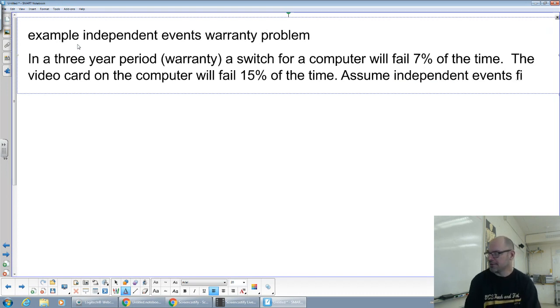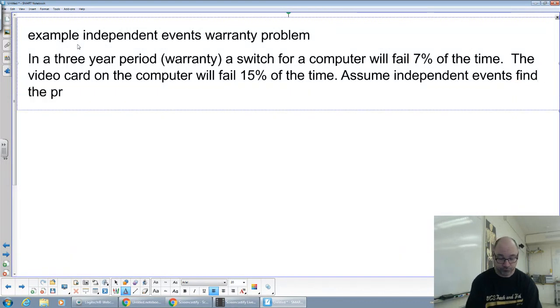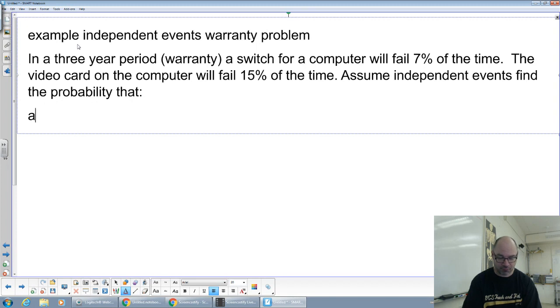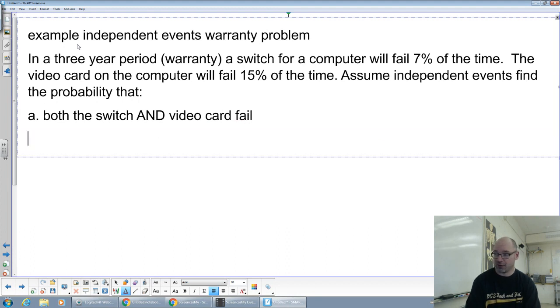Find the probability that, and we'll do 3 of them, both the switch and video card fail. And I'll highlight the important word. And that's an and question. Let's throw in a switch fails, but not the video card.